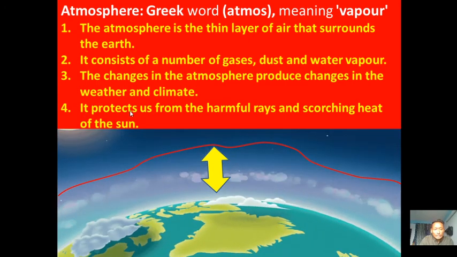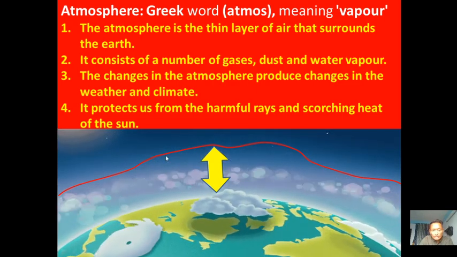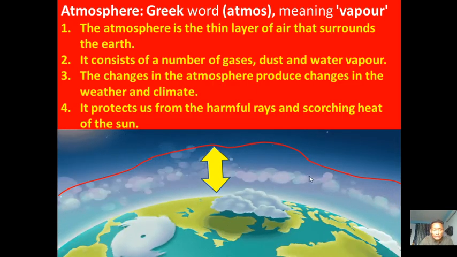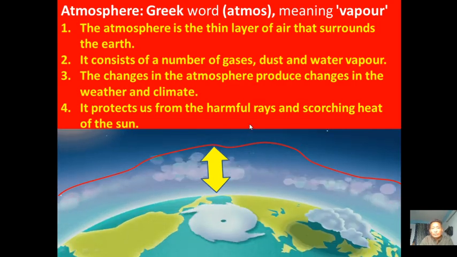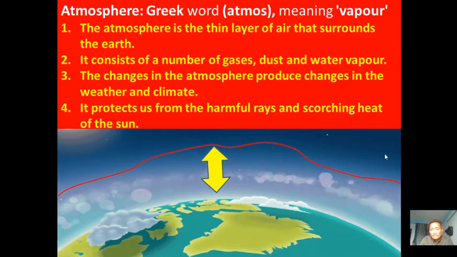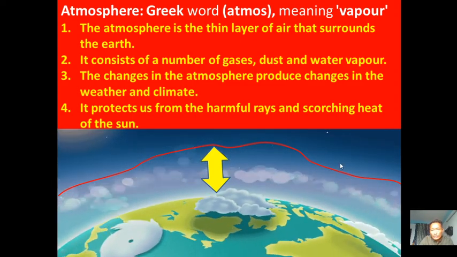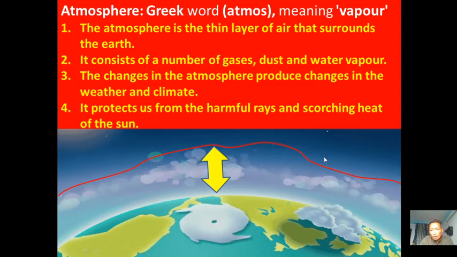So this atmosphere, the thin layer of our Earth that surrounds us, protects us from different harmful rays. If you talk about the sun's rays, it has different types of rays. Especially we have an ozone layer here.